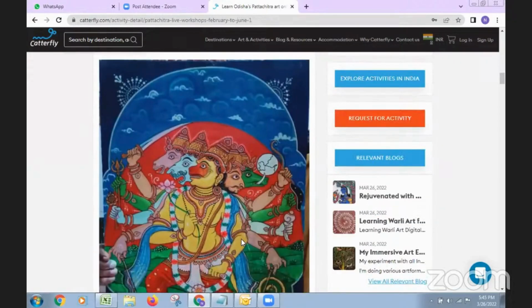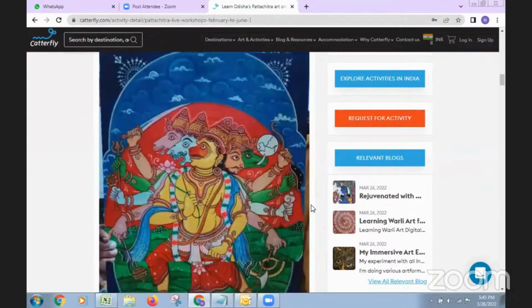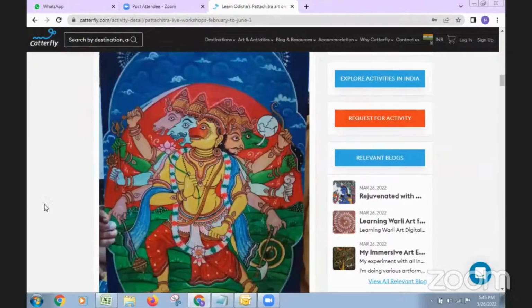After this, we are doing Panchmukhi Hanuman, which Vipra was just saying is a very renowned theme of the Pattachitra art style, along with Panchmukhi Ganesha. This is Bhaskar ji's own painting, and he will take this and guide everyone through how it goes along.